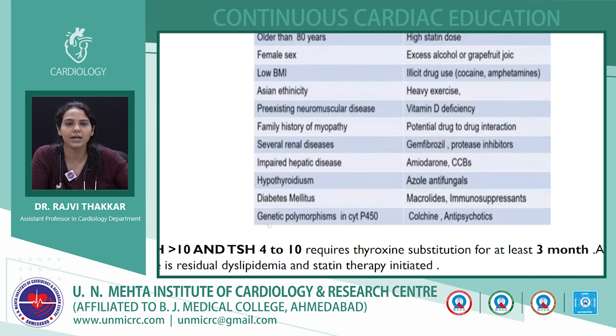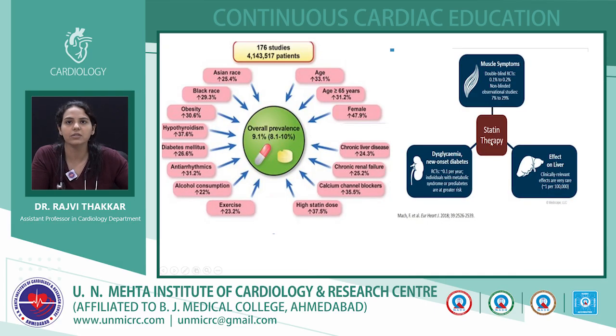If TSH is more than 10, or TSH is 4 to 10, thyroxine substitution is required for at least 3 months. After that, a lipid profile is done, and if residual dyslipidemia is present, then statin therapy is initiated. The overall prevalence of statin intolerance is 9.1%, more in females and in age more than 65 years.